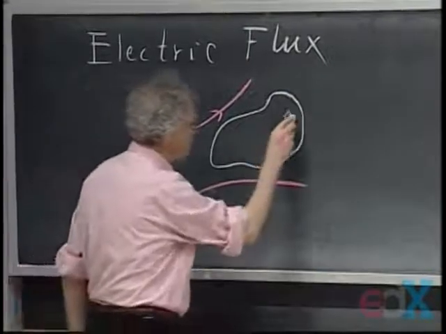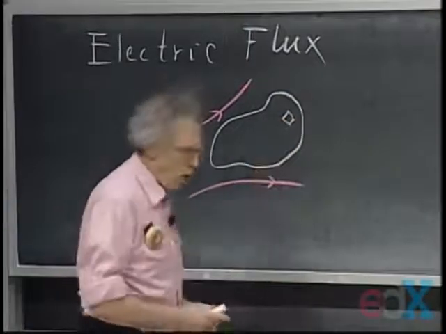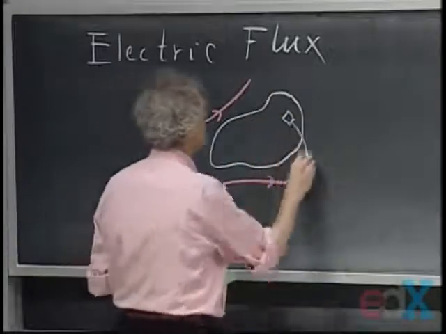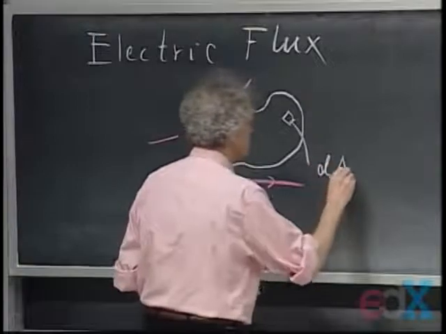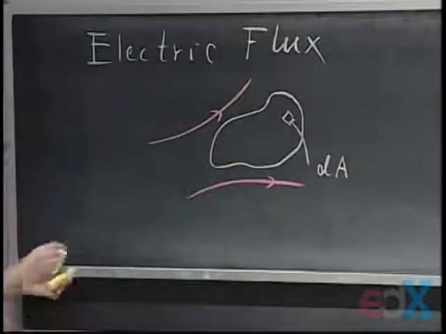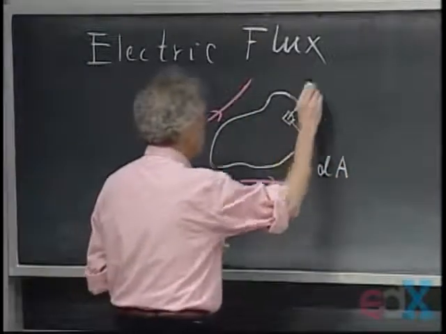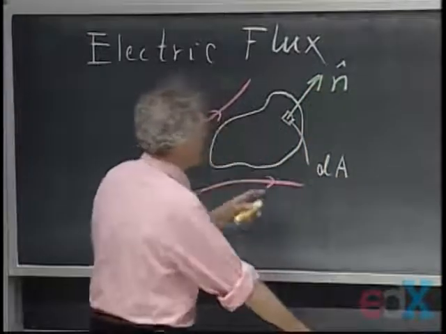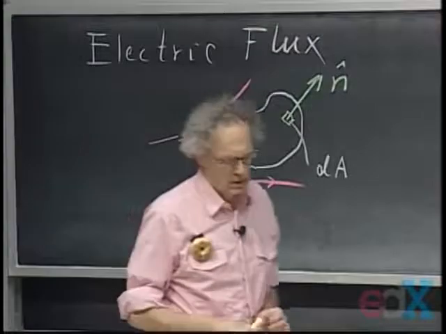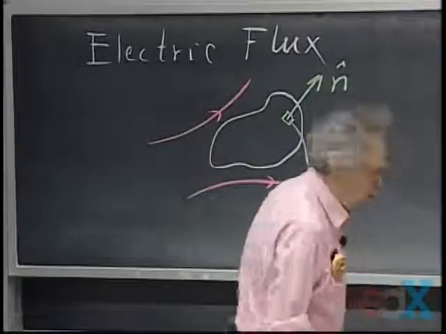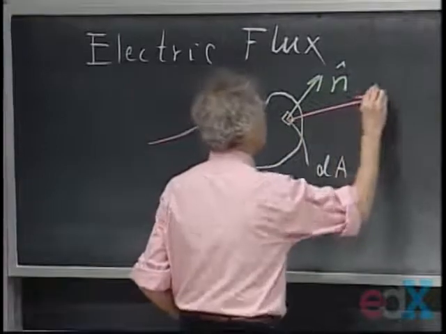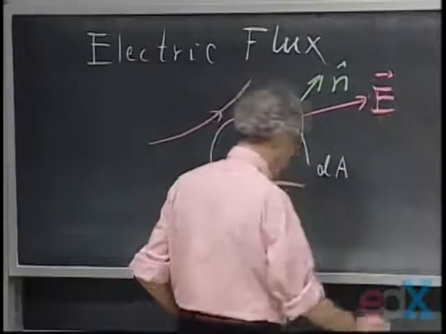And I carve this surface up in very small surface elements, each with size dA, that's the area, teeny weeny little area, and let this be the normal n-hat, the normal on that surface. So now the local electric field, say at that location, would be, for instance, this. It's a vector.